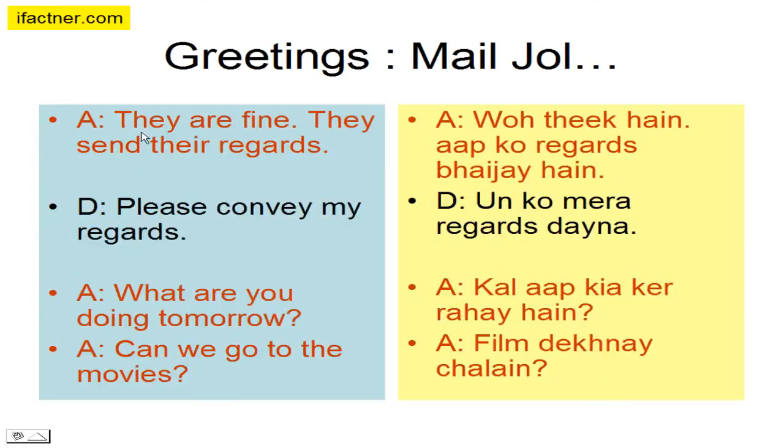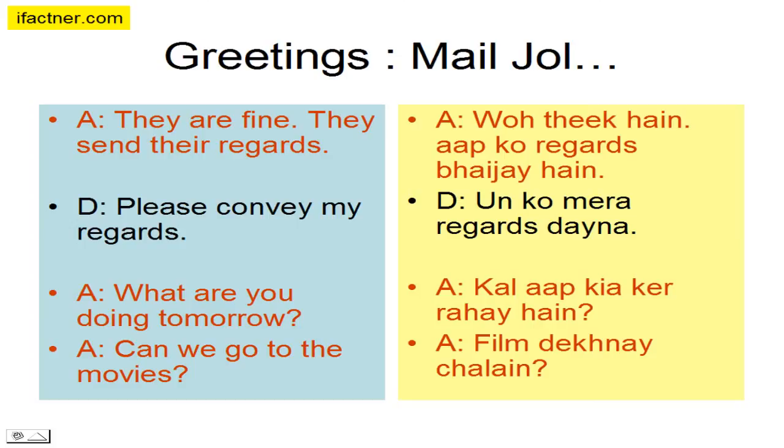Mr. A replies they are fine, they send their regards. वो ठीक हैं, ठीक means fine. वो means they, he or she. When we want to say she, वो लड़की. वो लड़का, he. वो लोग, them.